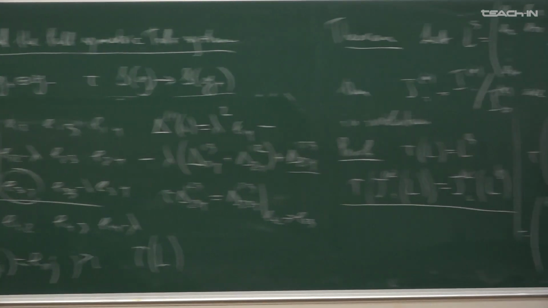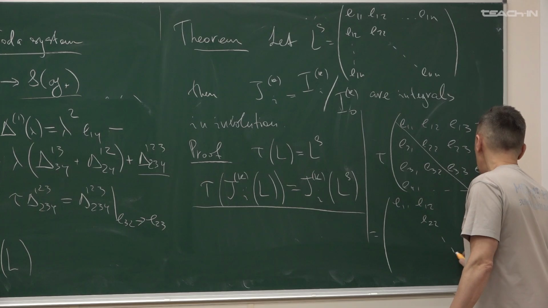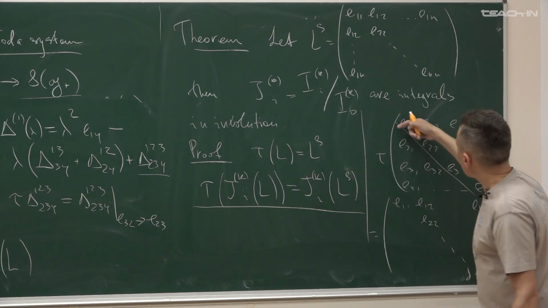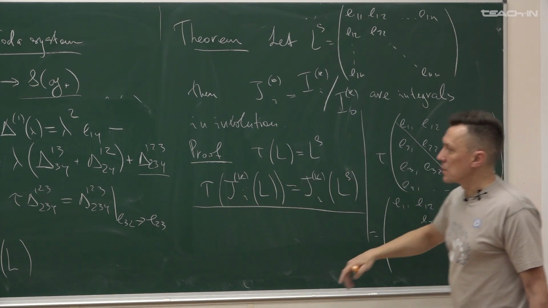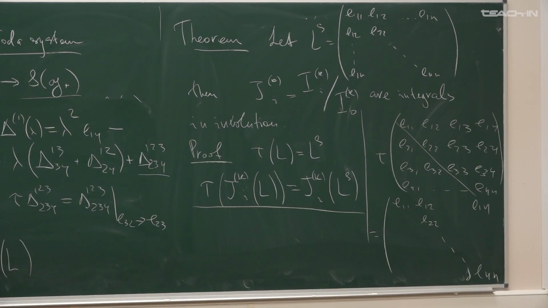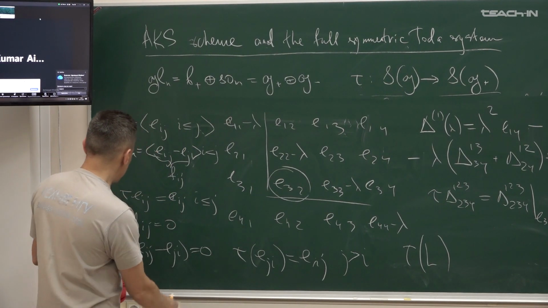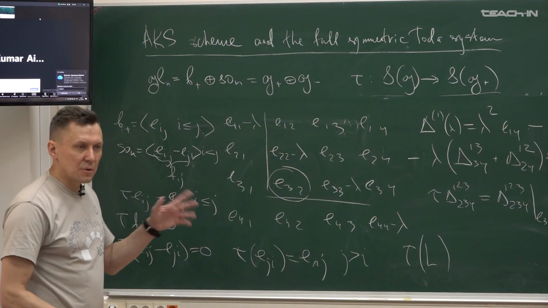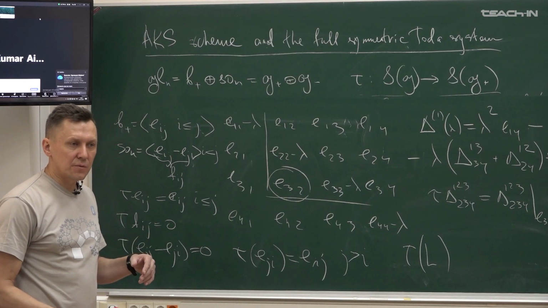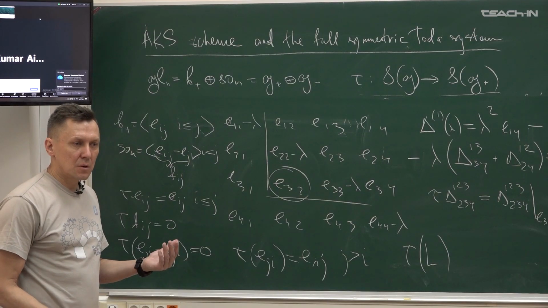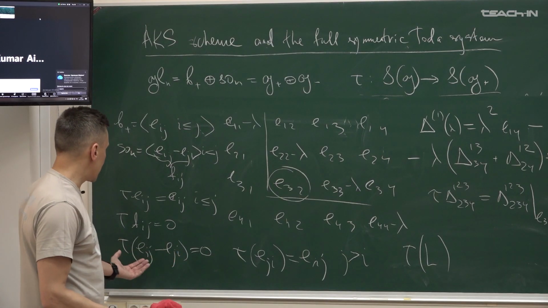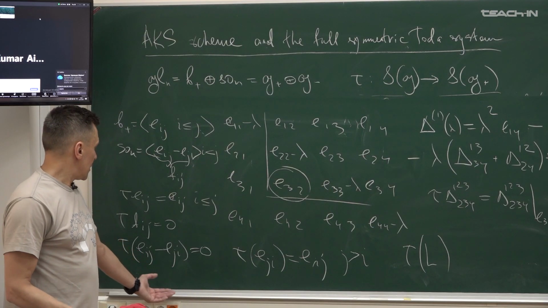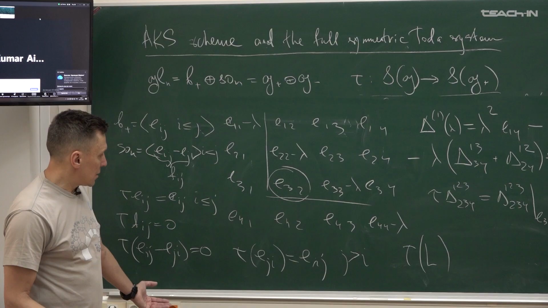E11, E12, E22, E44, E14. But then when we apply it to the lower corner, we have to use this condition. Because these generators have to go to 0. The generators of the Lie algebra SO, of the orthogonal Lie subalgebra, have to go to 0. J greater than i? Yes.